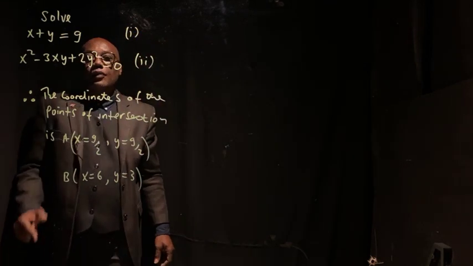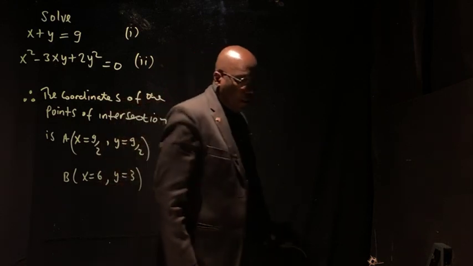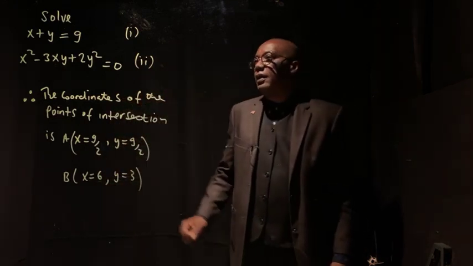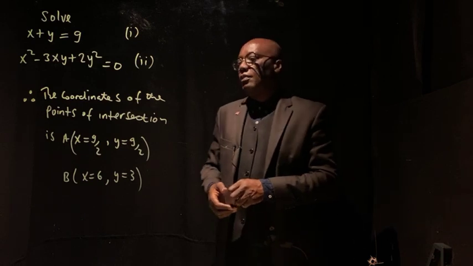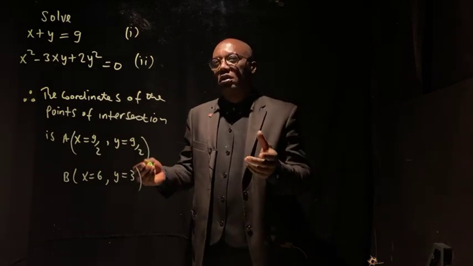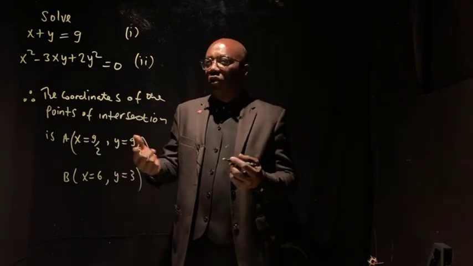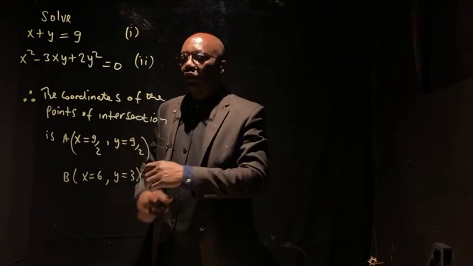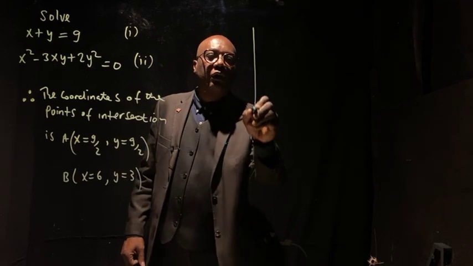So these are the coordinates of the point of intersection where they do intersect. What is this? Honestly, I know it, but I'll show you how it looks. It looks like this should be the graph.